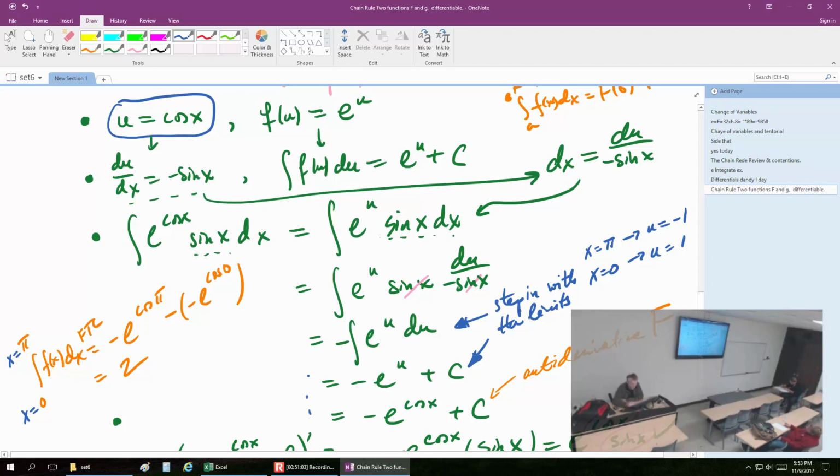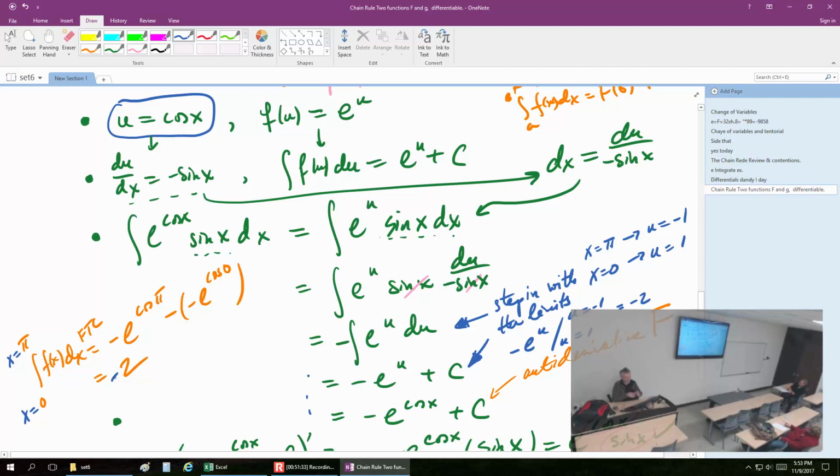So at this point, what I do is negative e to the u with limits u from 1 to u equal -1. And then we end up with 2 again. I think it's -2 actually.